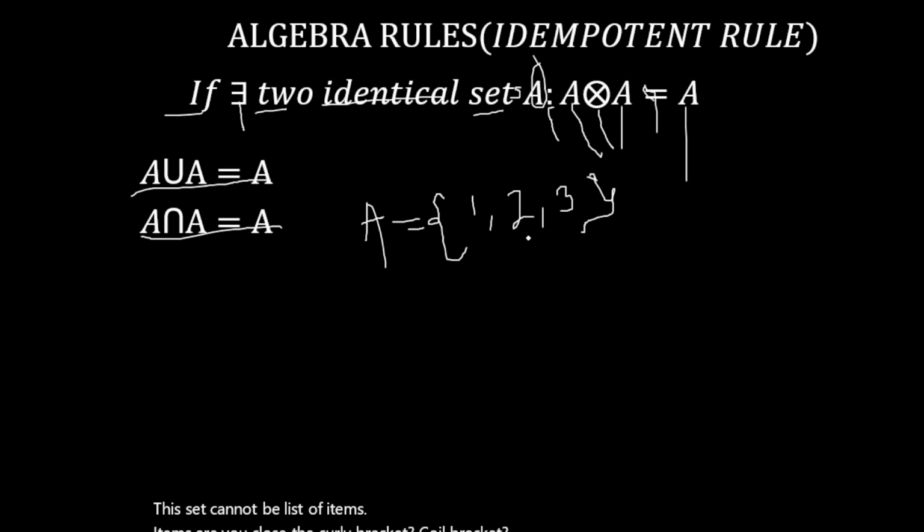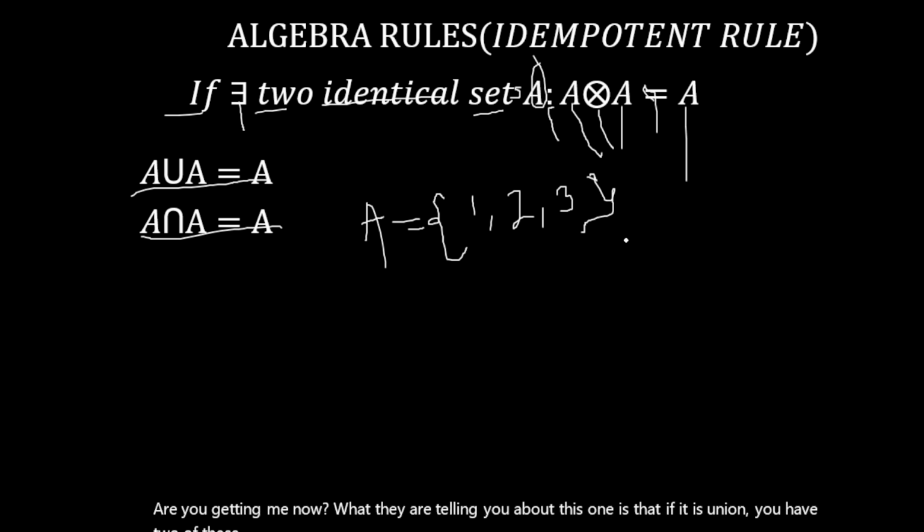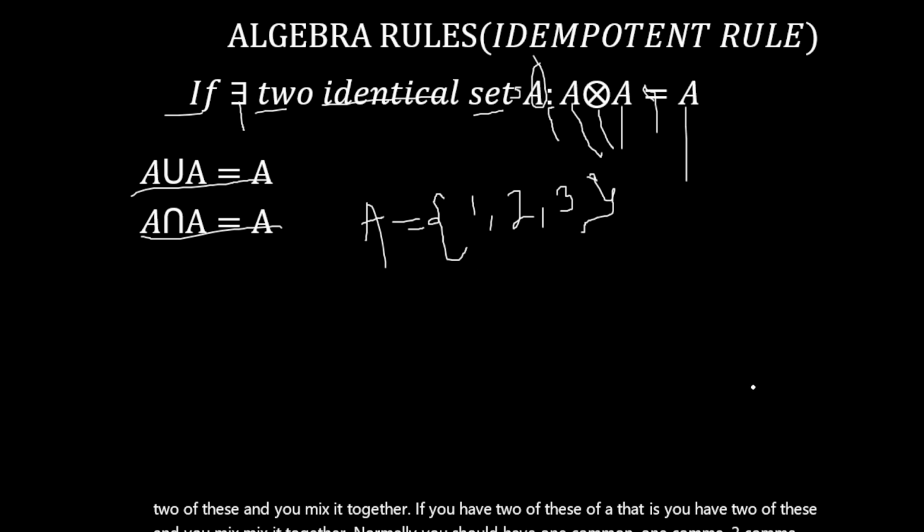Are you getting me? Now, what they are telling you about this one is that if it is union, you have two of this and you mix it together. If you have two of A, you mix it together. Normally, you should have 1, 1, 2, 2, 3, 3.